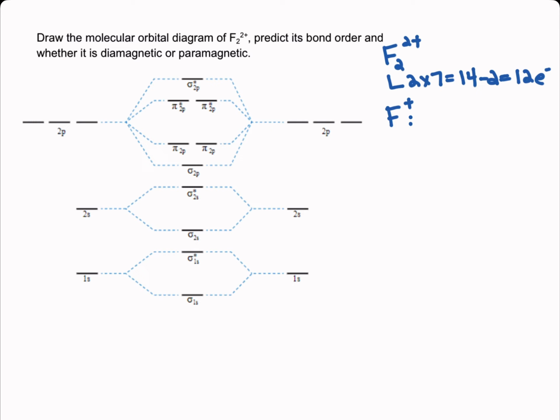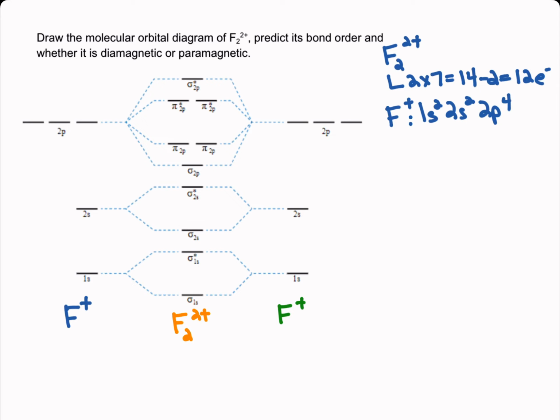So I want to draw the complete electron configuration of the F+ atom. A neutral fluorine has 9 electrons. F+ means it gives up 1 electron, so it has a total of 8: 1s2, 2s2, 2p4. So I have an atom of F+ on the left, an atom of F+ on the right, and in the middle I have the molecule F2 2+.